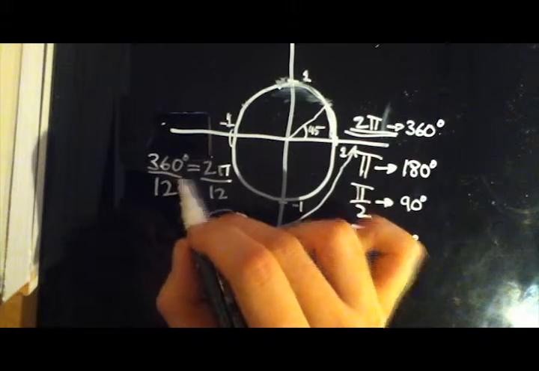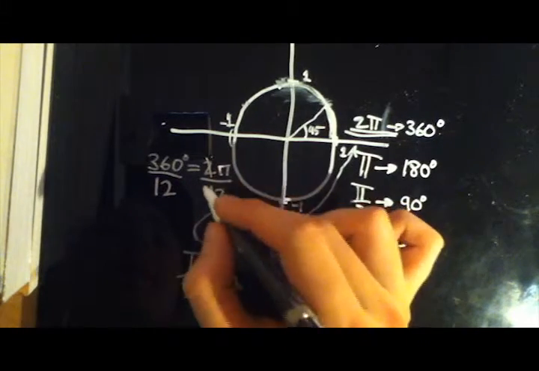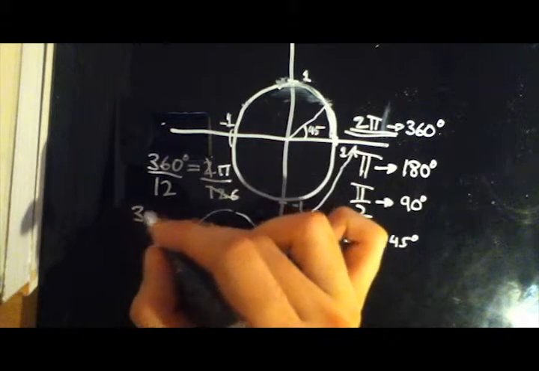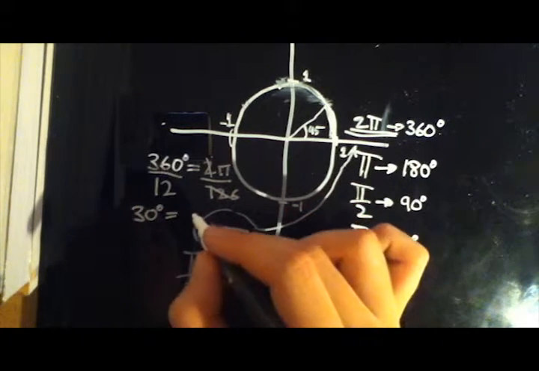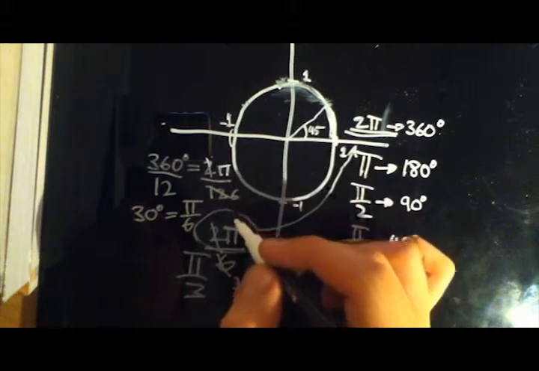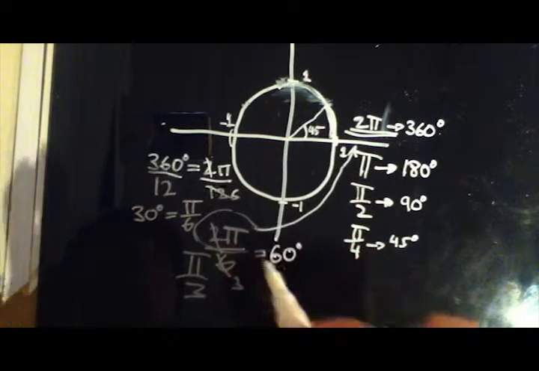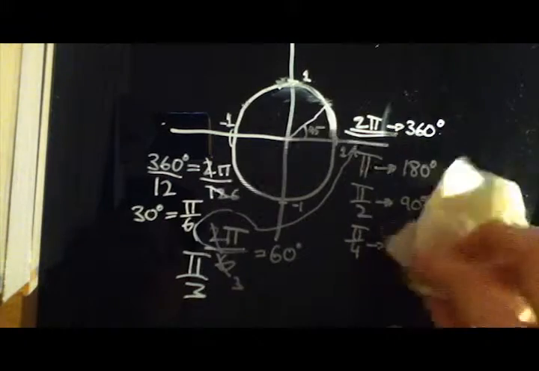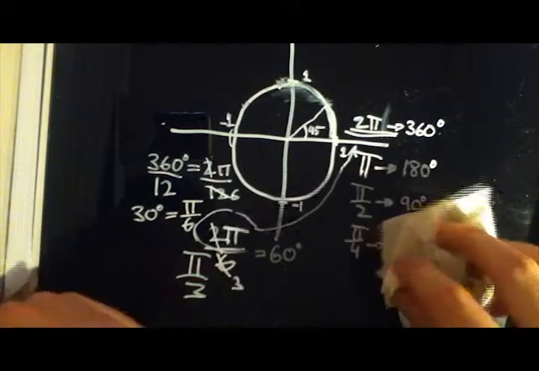We get 30 right here. We simplify. We get 6 here. So 30 degrees is equal to pi over 6. And these are the essential degrees you have to know. And these are essential to your mastery of trigonometry.